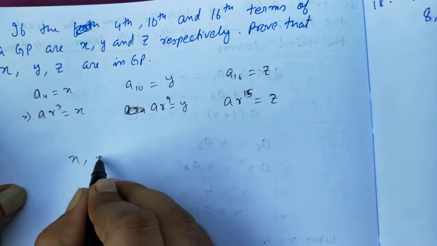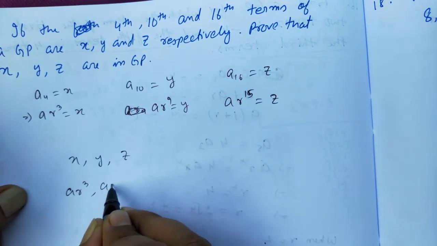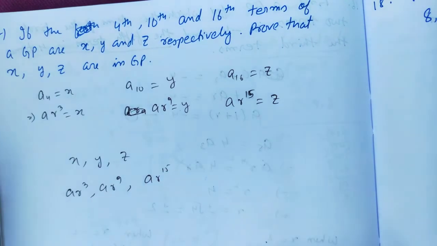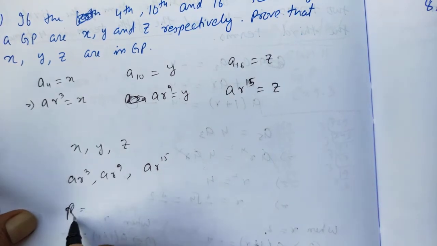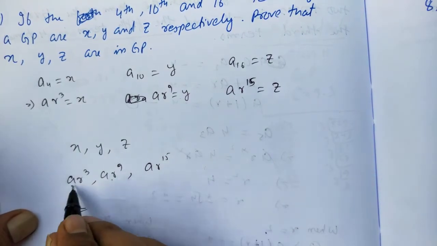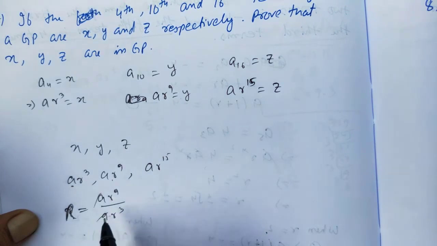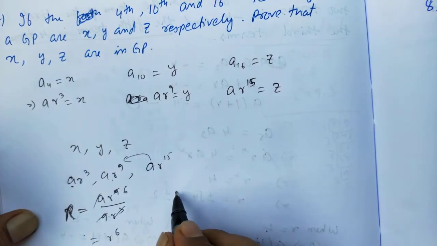So x, y, z will be AR^3, AR^9 and AR^15. Now we'll just find the ratio. I'll just use capital R. Divide these two. Cancel, we're getting AR^6. Now divide these two.